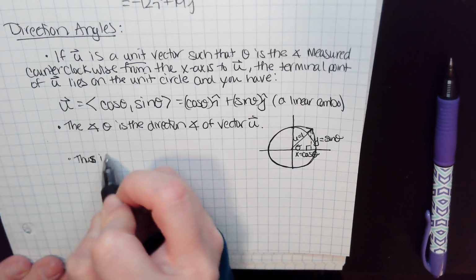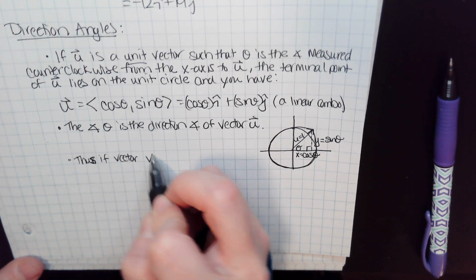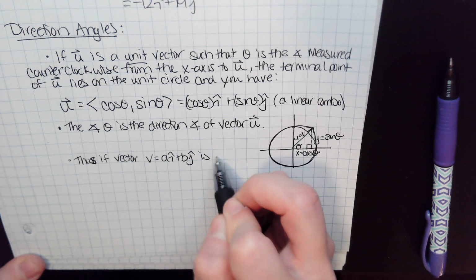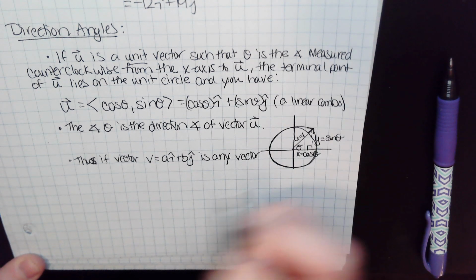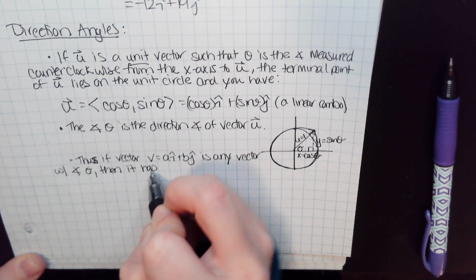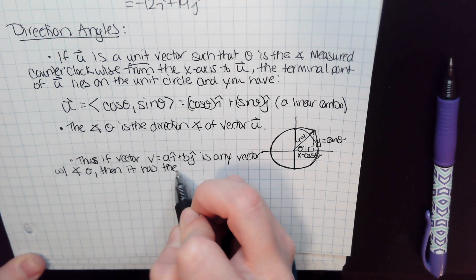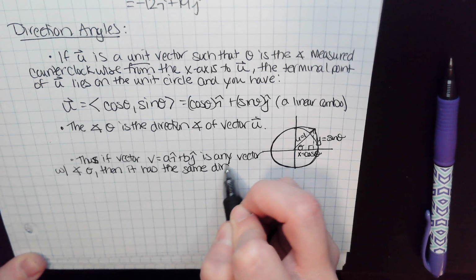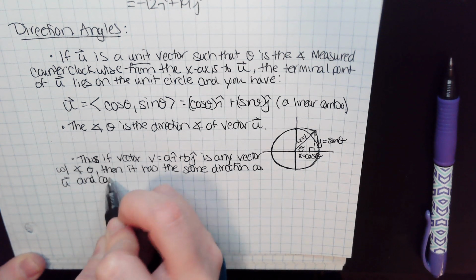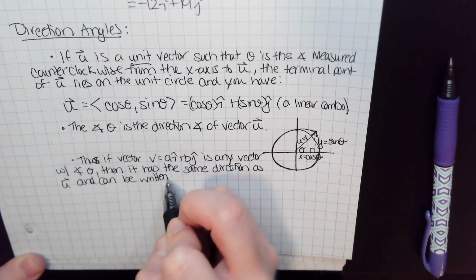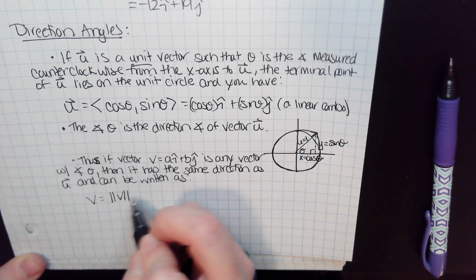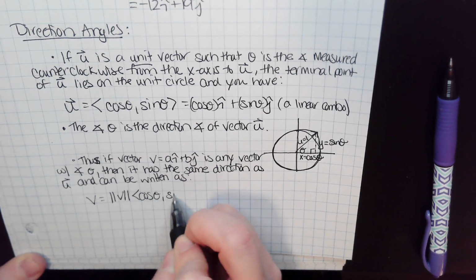Thus, if vector v equals ai plus bj hat is any vector with angle theta, then it must have the same direction as vector u and can be written as, I'll call this v equals the magnitude of v times cosine theta, sine theta.